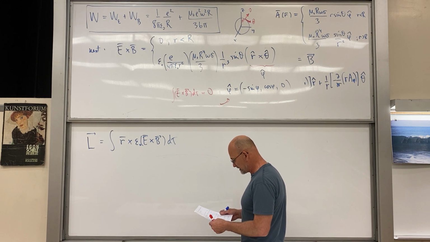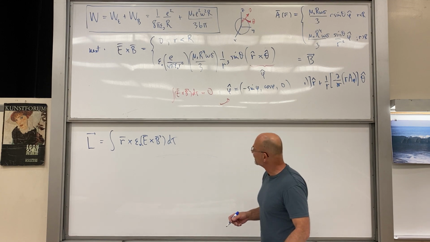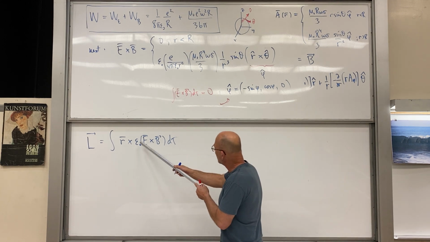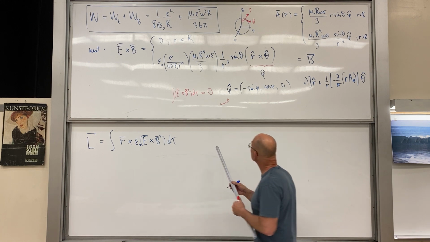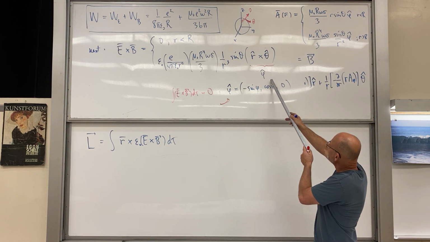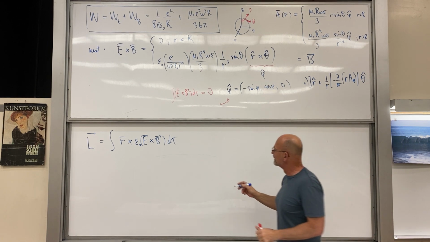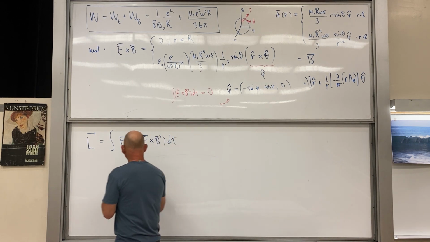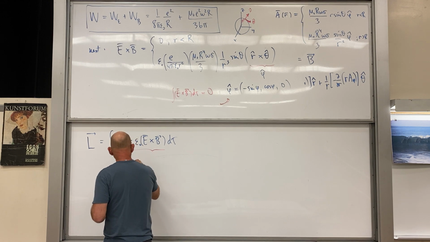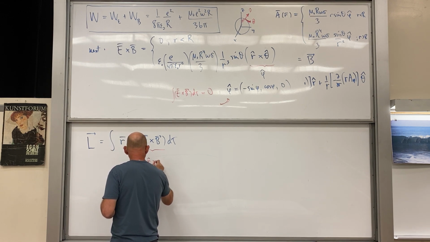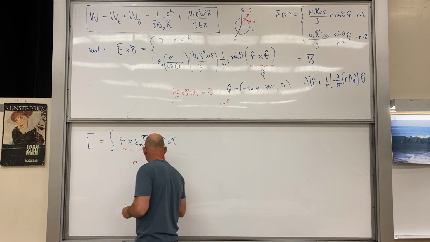The first thing to note, what do we have with the r cross E cross B? E cross B is already phi hat, so we're looking at r hat cross phi hat. So this is going to be proportional to r hat cross phi hat.